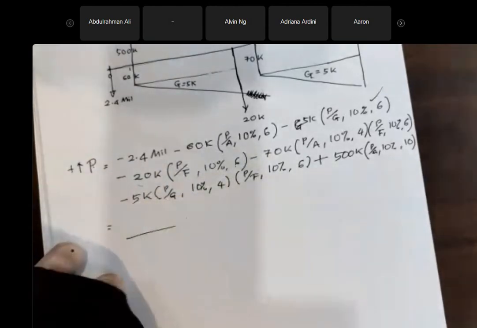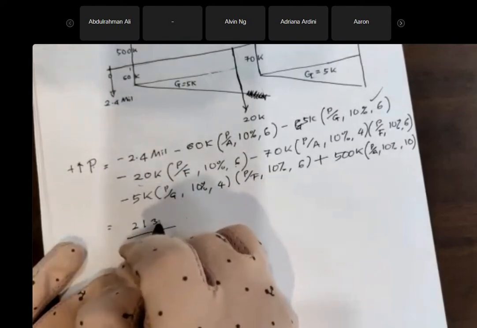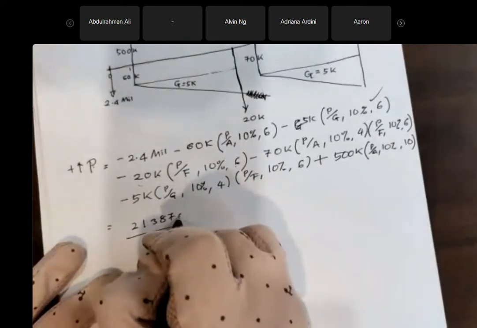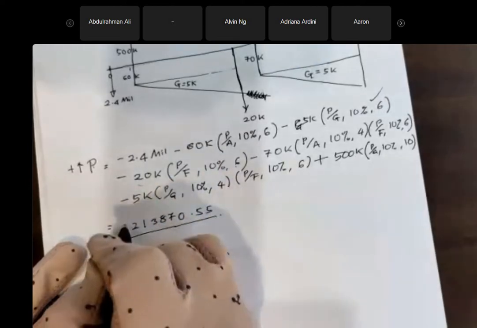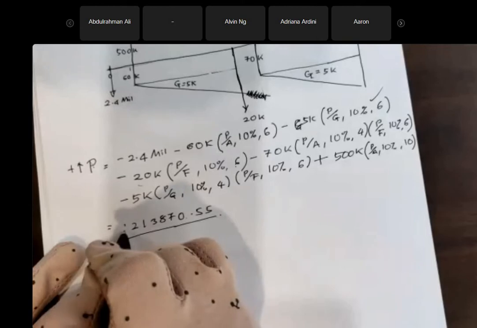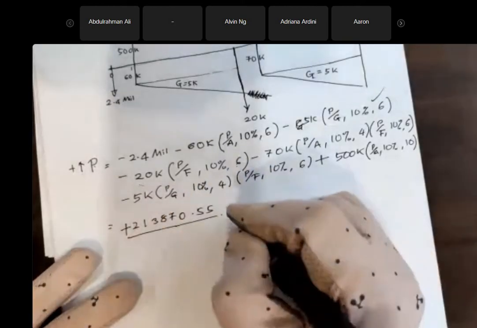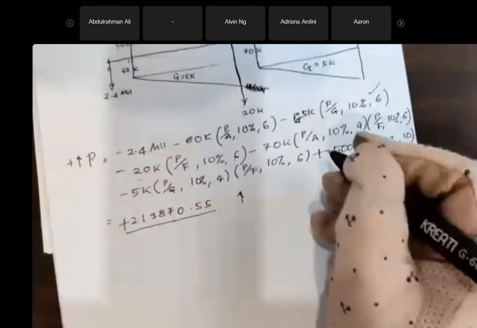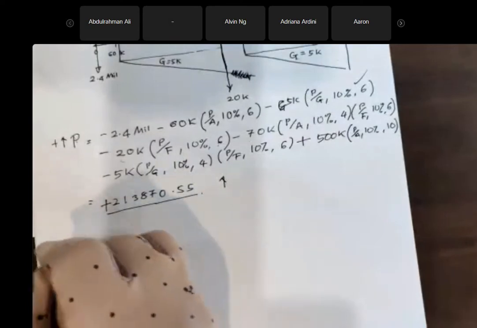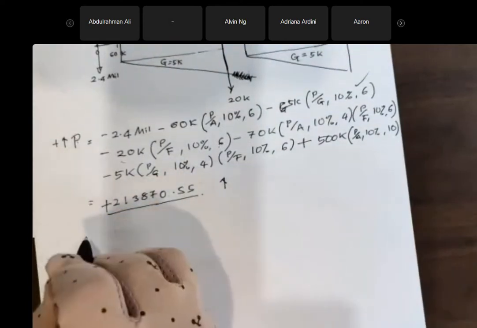Okay, what is the answer? 387.545. Okay, is it positive or negative here? Positive, it is positive. So that means the arrow is upside. Okay, so what is your decision here? To accept or to reject?